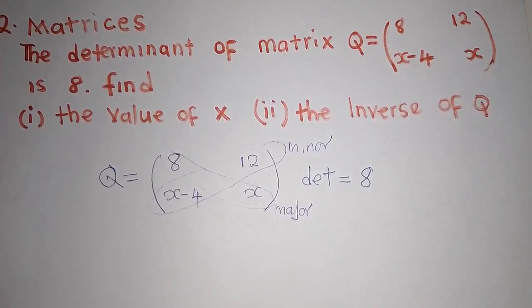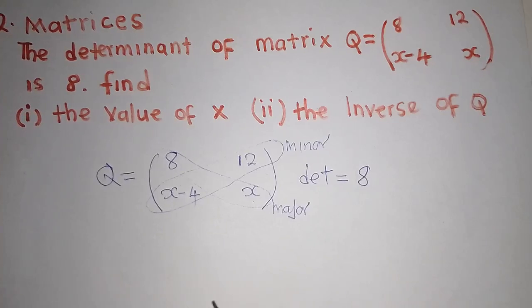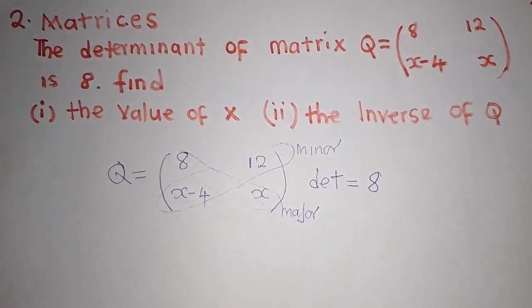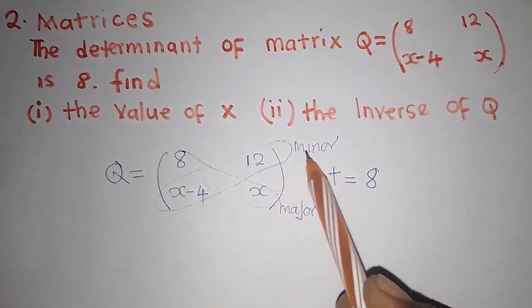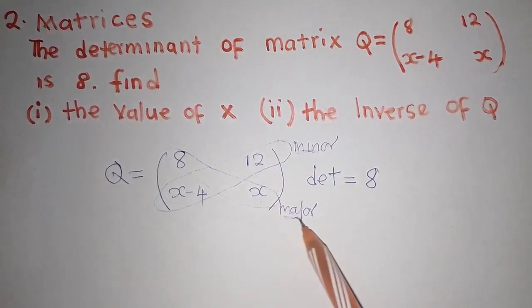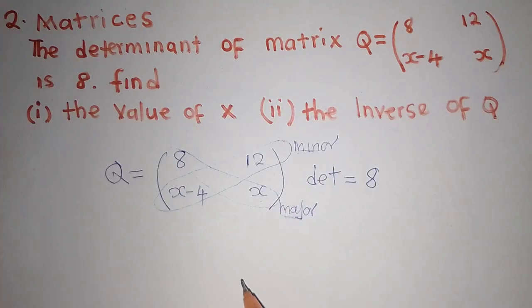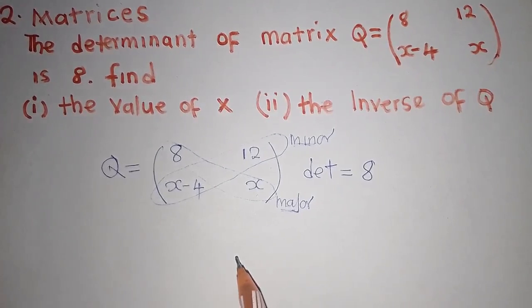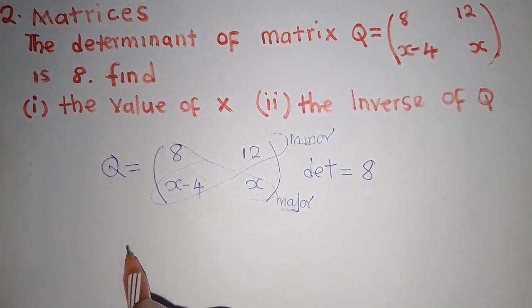So from here, once you do that, you know that this is your minor diagonal, this is your major diagonal, like this.